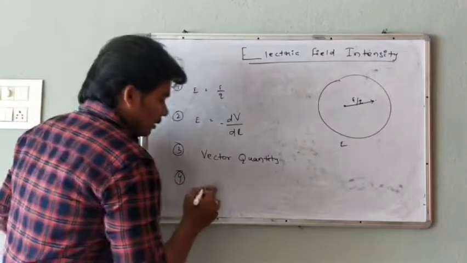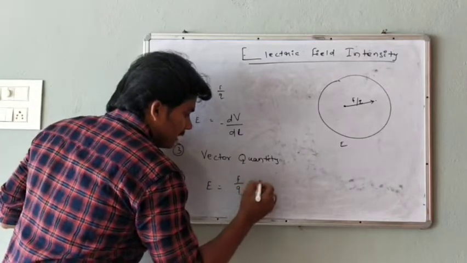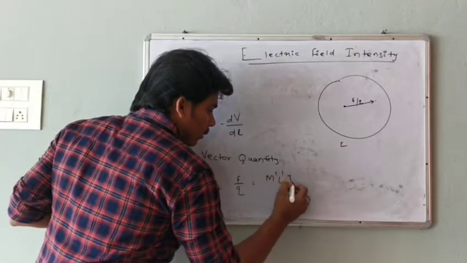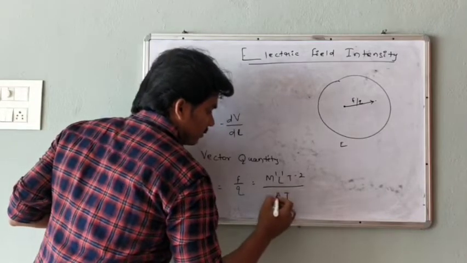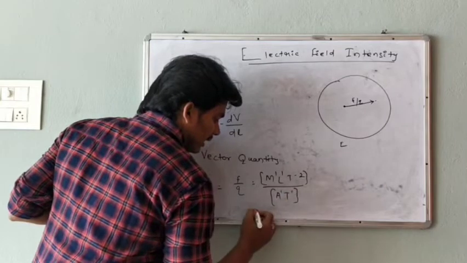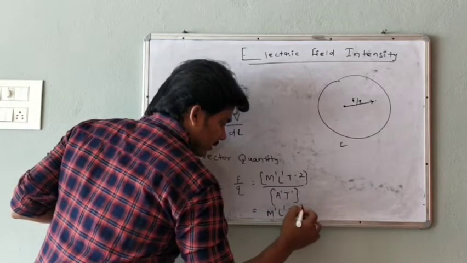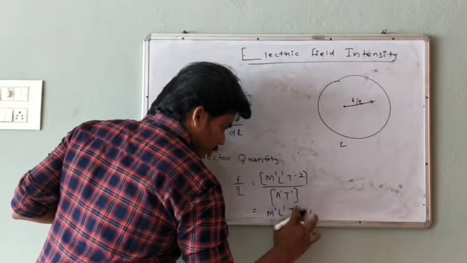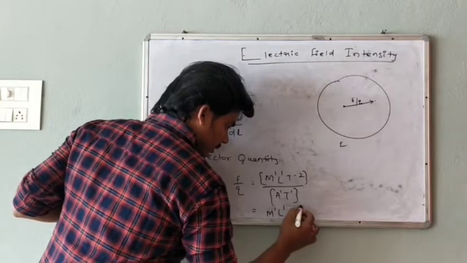What is the dimension? We know electric field intensity E equals F by Q. Then we can say the dimension of F is M1 L1 T minus 2, and of Q, that is A1 T1. That means the electric field intensity dimension is M1 L1 T minus 3 A minus 1.